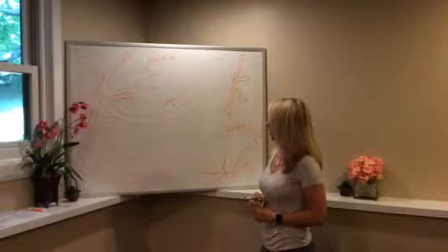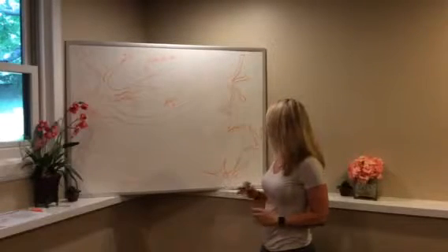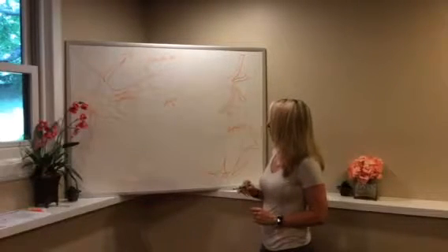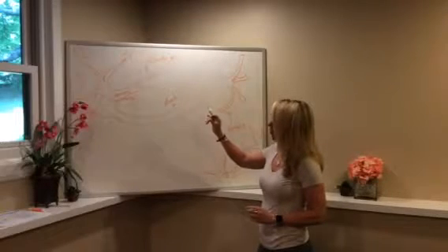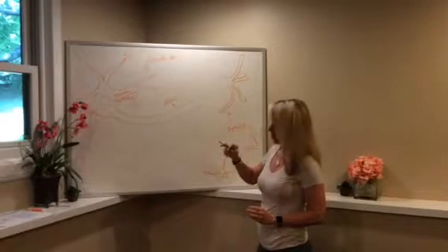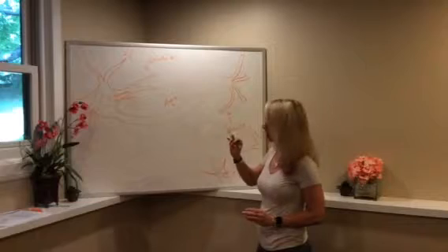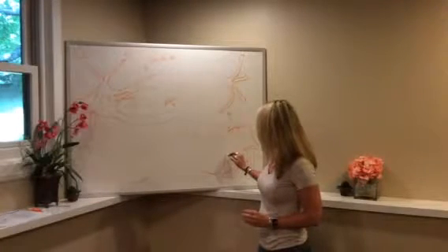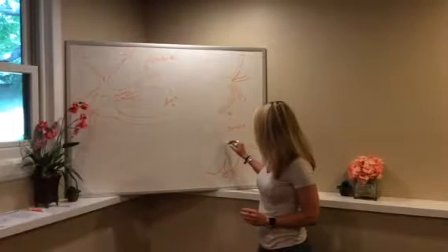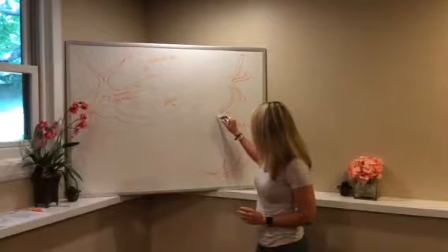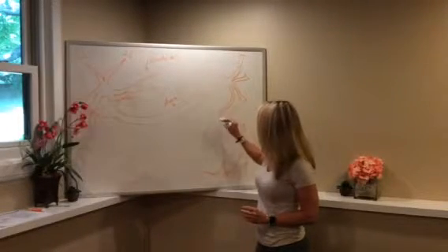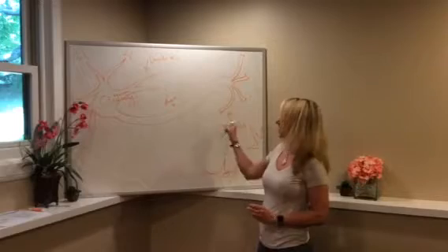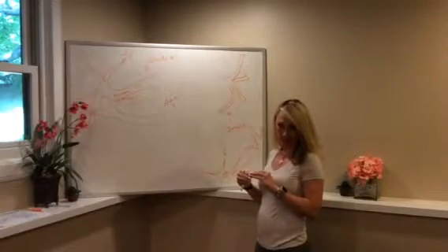Okay? All right, so we have our dendrites that send out chemical impulses, okay? These chemicals will get fired and travel all the way until they fit into one of these synapses, almost like a key, okay?